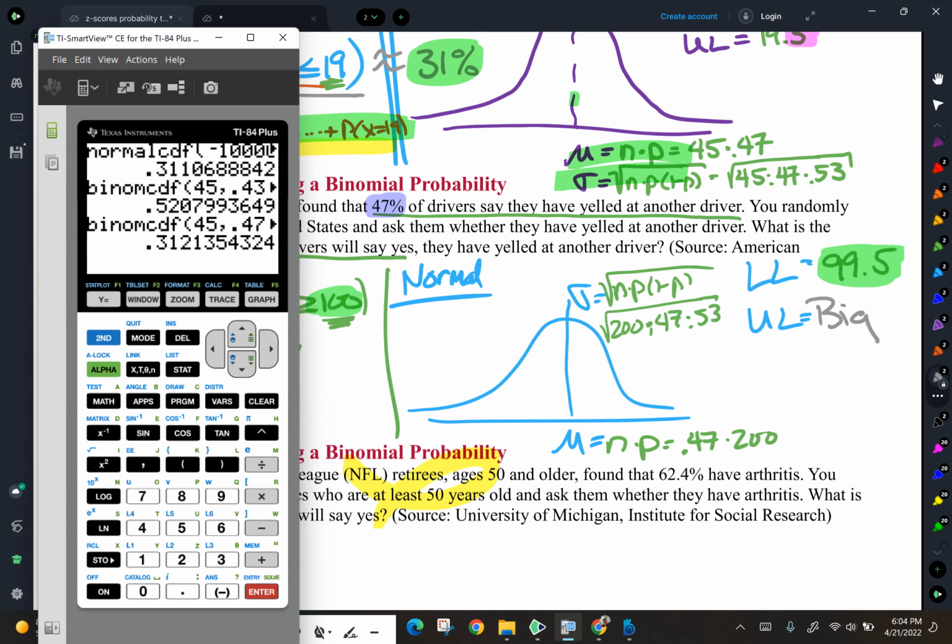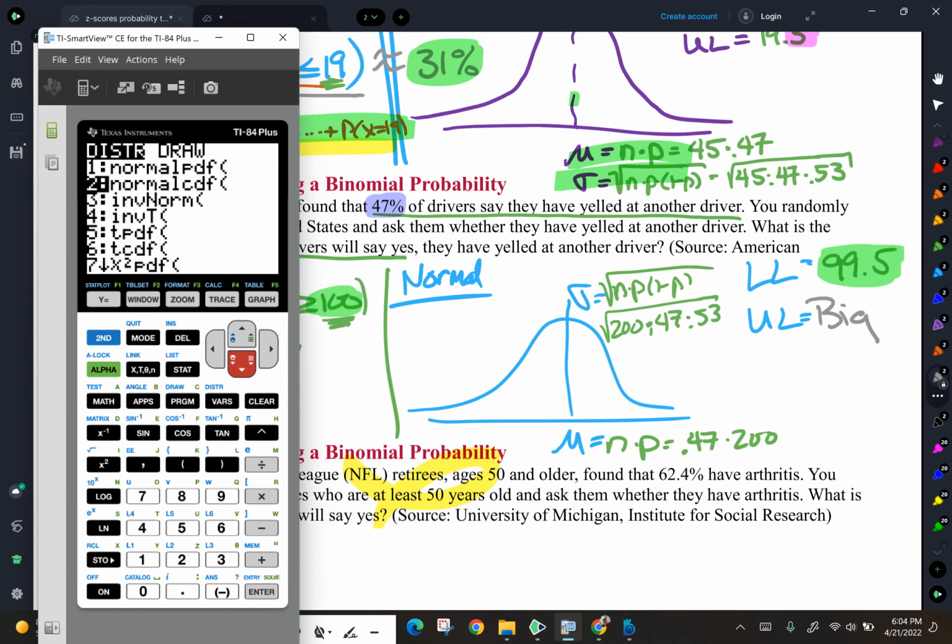Let's see, this is going to be second distributions, normal CDF. Lower limit is 99.5, upper limit is a big number. My mean is 0.47 times 200. Oops, I lost my 4. 0.47 times 200.